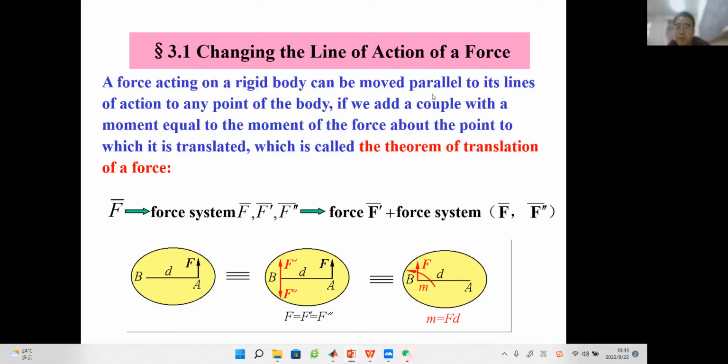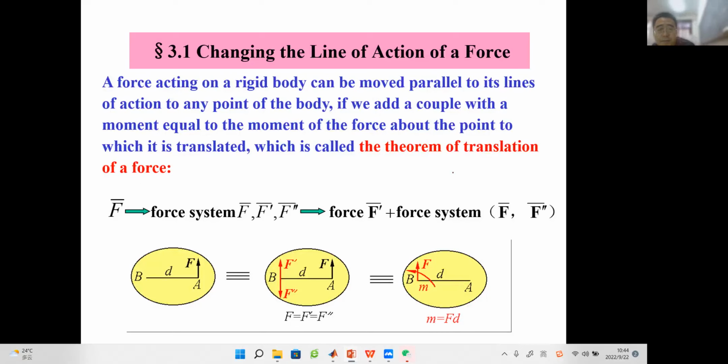When this move happens, the magnitude and direction of the force keep their original values, right? Move parallel to its line of action to any point of the body, if we add a couple with a moment equal to the moment of the force about the point to which it is translated, which is called the theorem of translation of a force.